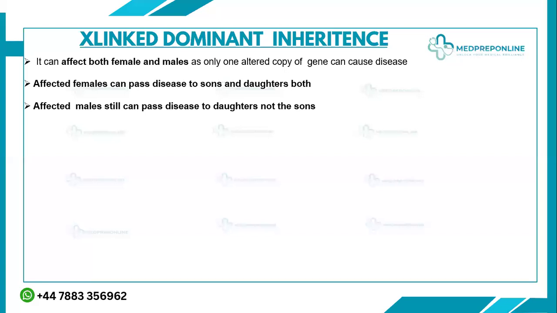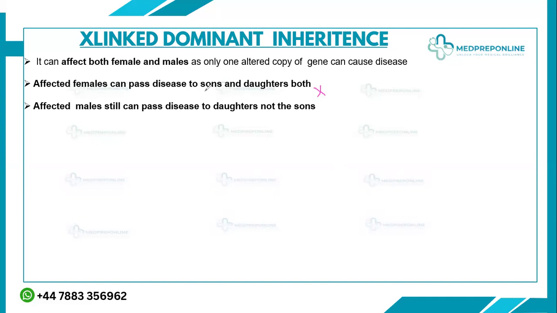X-linked dominant inheritance can affect both males and females, as only one altered copy of the gene can cause disease. As it's X-linked dominant, it will be on the X, and males and females both can be affected. An affected female can pass the disease to the son and daughter both.